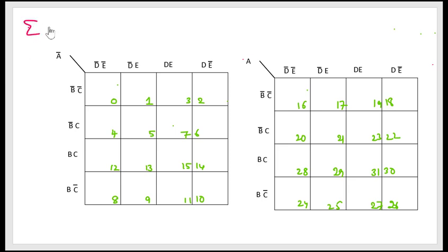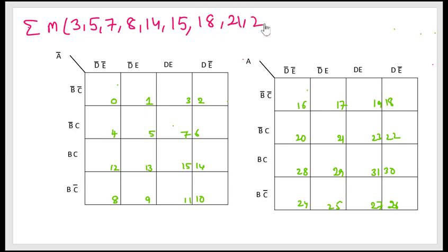Let's take one more example, sigma m 3, 5, 7, 8, 14, 15, 18, 21, 23, 24, 30, 31.